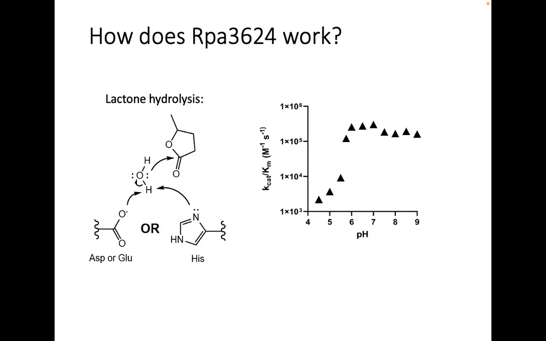And the first thing I did was assay enzyme activity at different pH values. So we see catalytic efficiency on the y-axis on a log scale measured at different pH values for this enzyme. And we can see there's a steep drop in activity that occurs around pH 5.5.